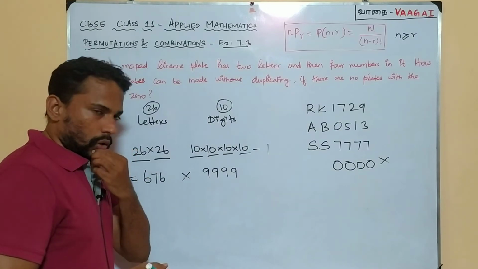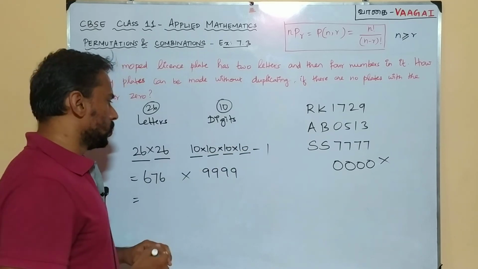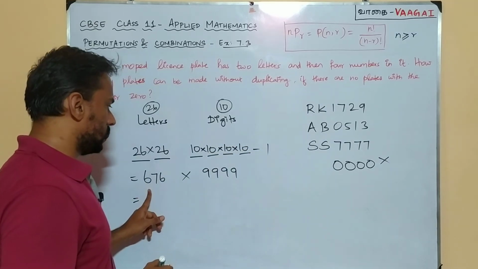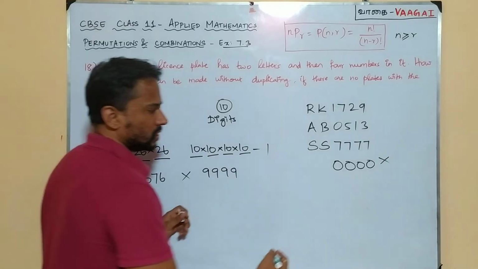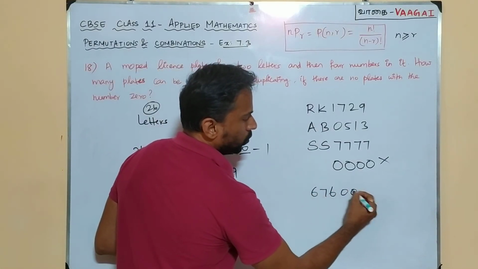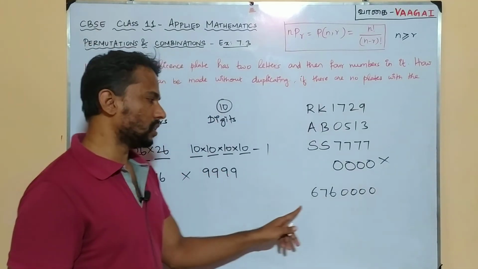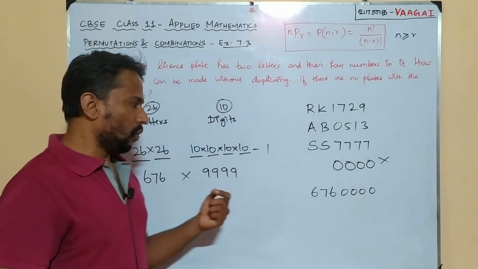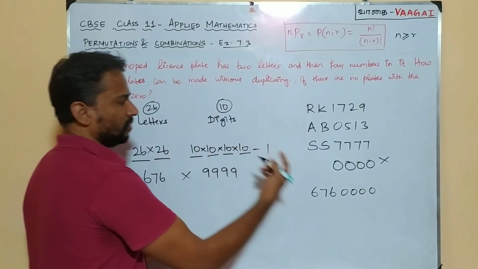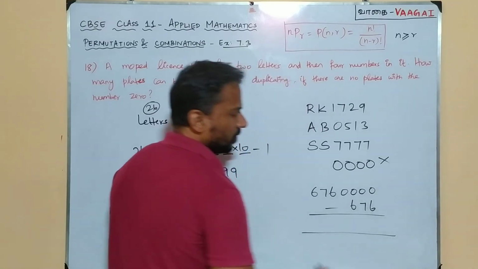So how can we multiply this? We can multiply 676 into 10,000, which gives 676 followed by four zeros. Now from this we will subtract 676 itself, so that we can easily get our answer.